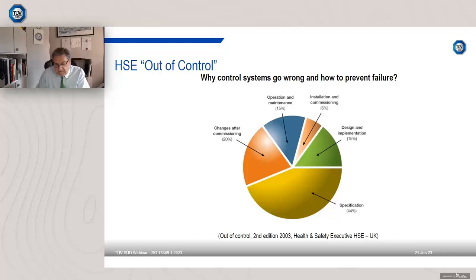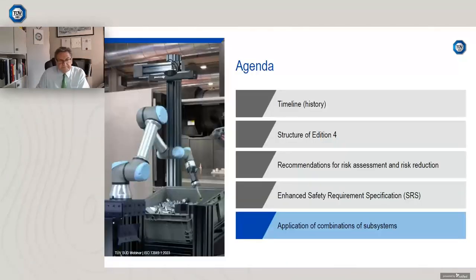It was found in this study that 44% of root causes when things went wrong were associated with the specification in some way or another. So getting the specification right is essential. And that's been beefed up in Edition 4, which I think is a great improvement.